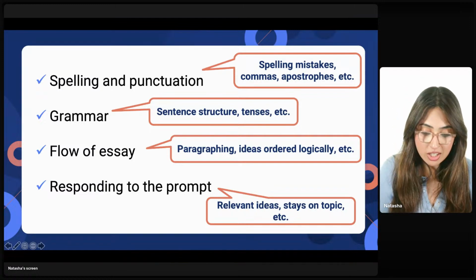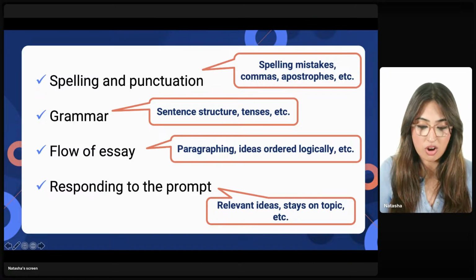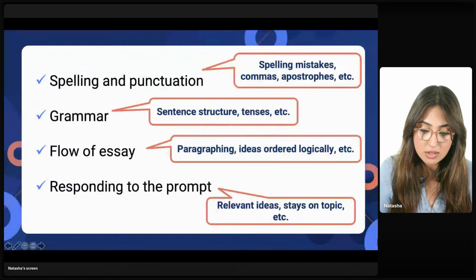Now, checking our work at the end of our essay is a really important step, and I have one trick to help you with this.